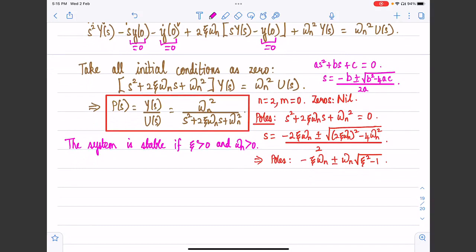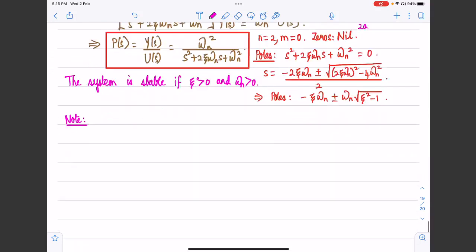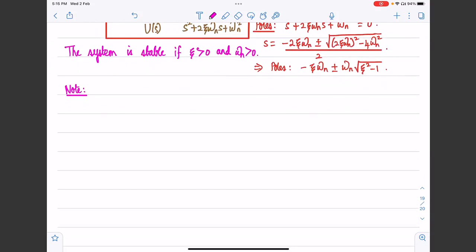At this point, I just wanted to draw your attention to an important concept. Let me take a small detour and then we'll come back to the second order system, though the note I'm going to describe is also related to it. A second order polynomial, let's say d of s, written as a s squared plus b s plus c.